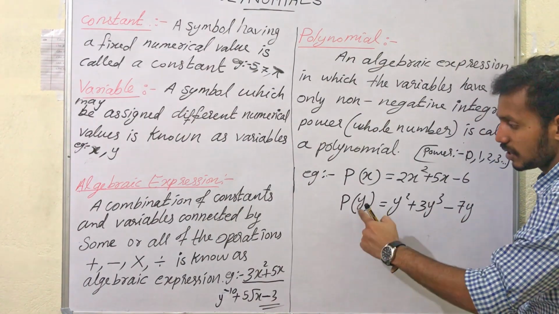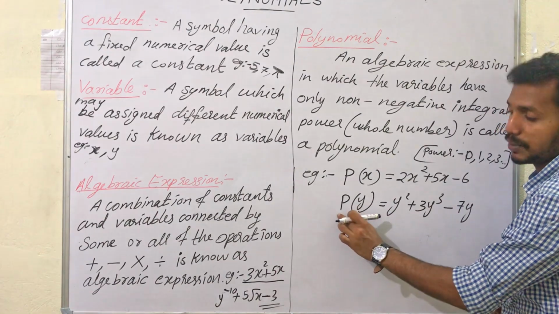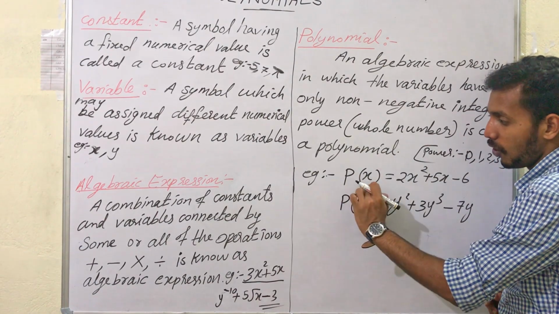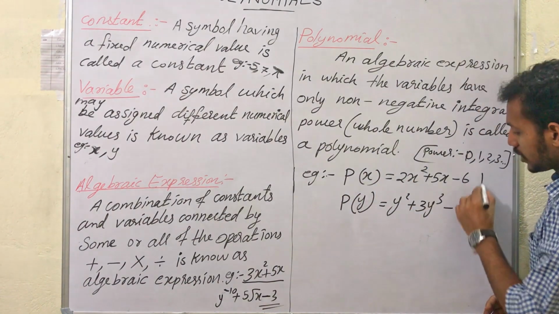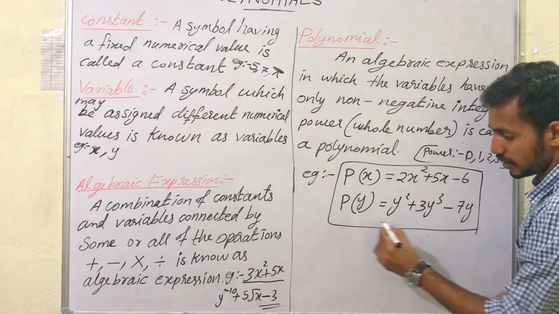So we write p of y, because here the variable is y, and here the variable is x, so we write p of x. Clear? So these two are polynomials.